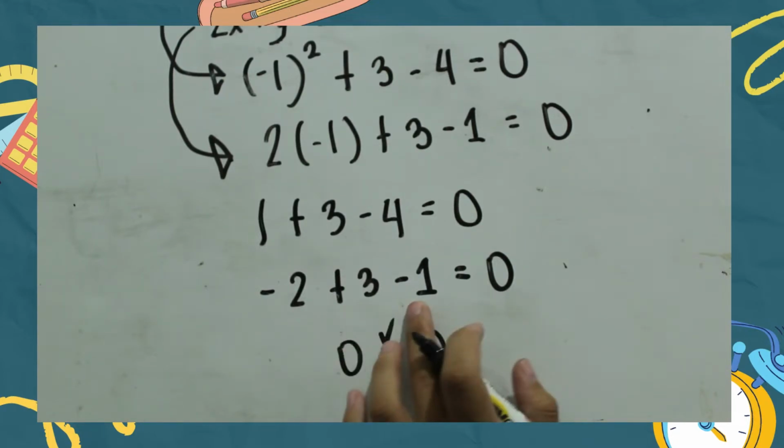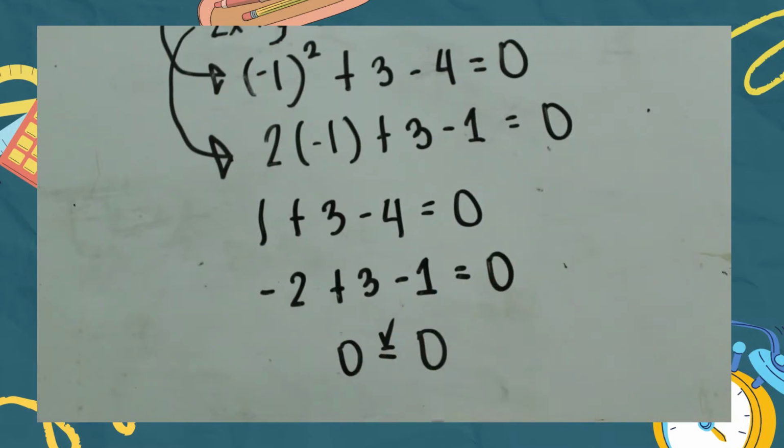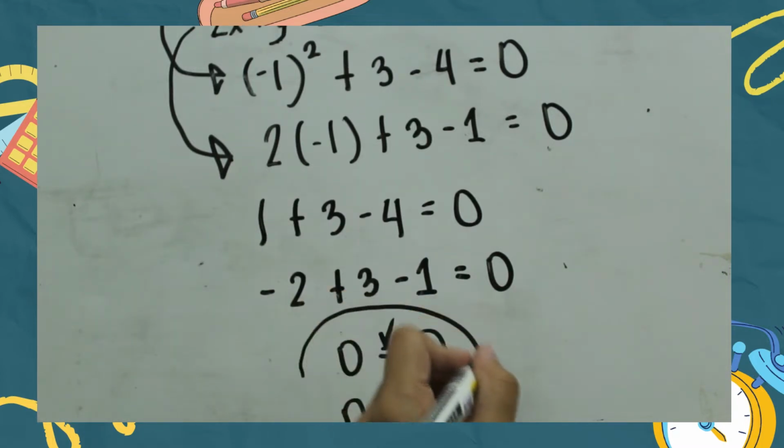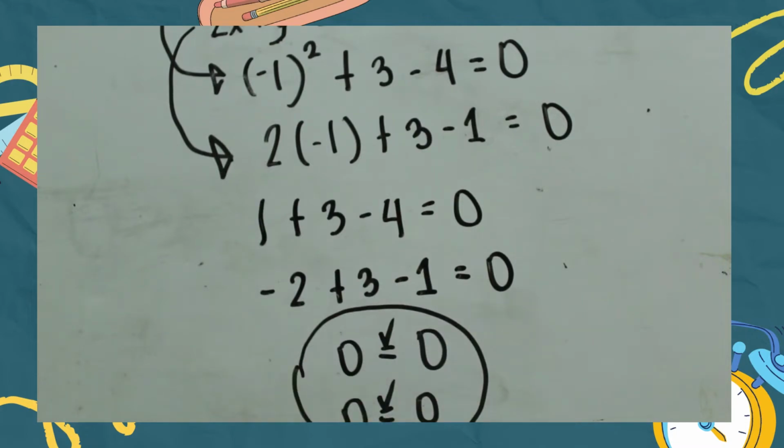So 1 minus 1 is equal to 0. So our first solution set is correct. And this will prove it. So now we will go to the second solution set and substitute it into our two equations.